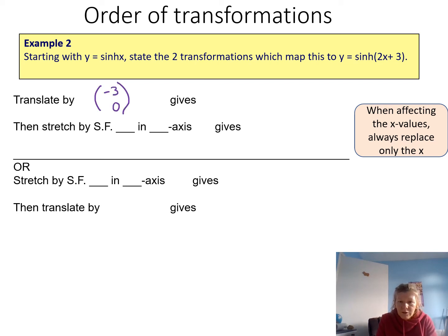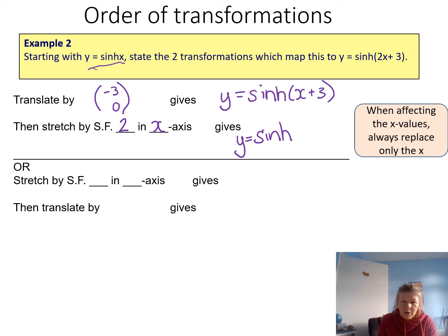And that would give us y equals, if we're starting with this original one here, sin x plus 3. And then we've gone on to stretch by scale factor 2 in the x direction, replace x with 2x. Oh, sorry, not stretch by 2, is it?